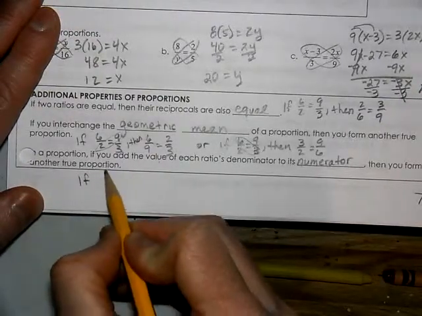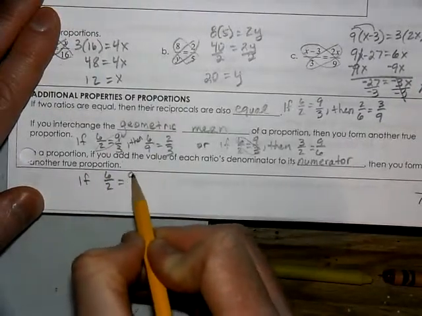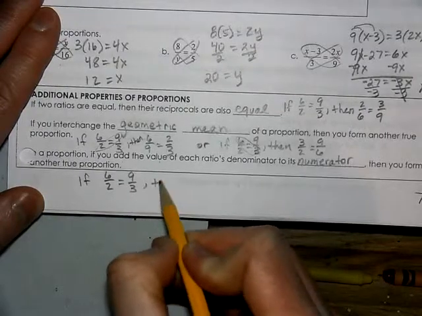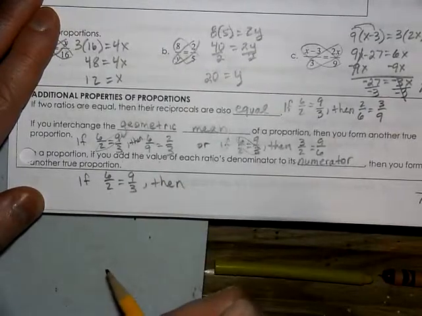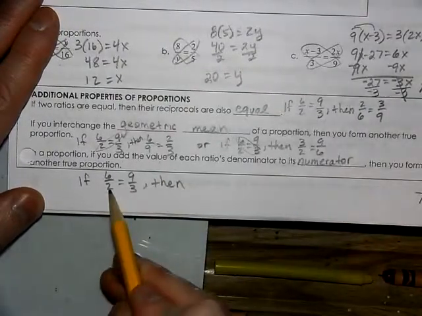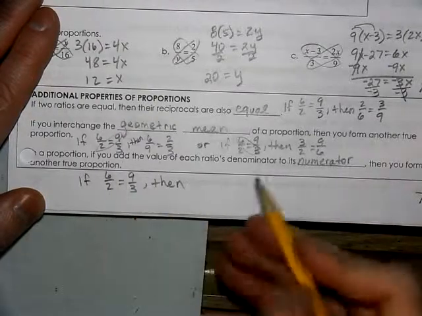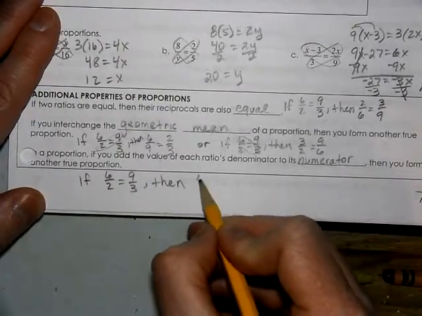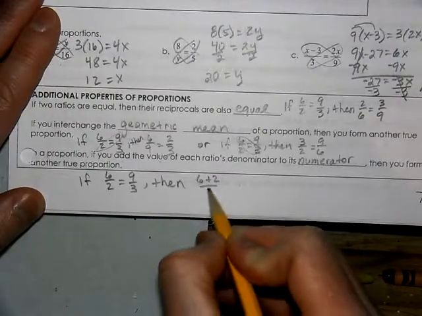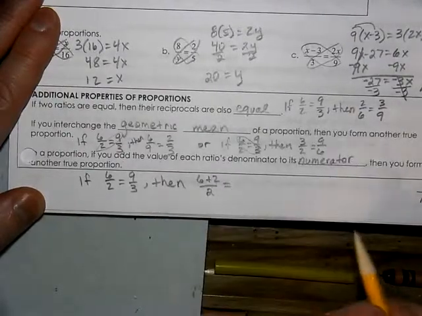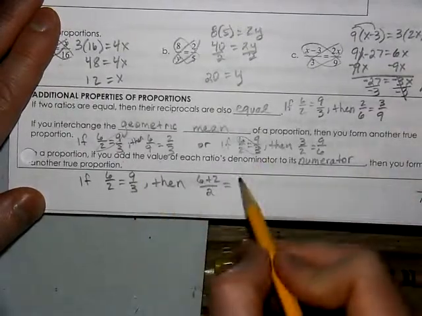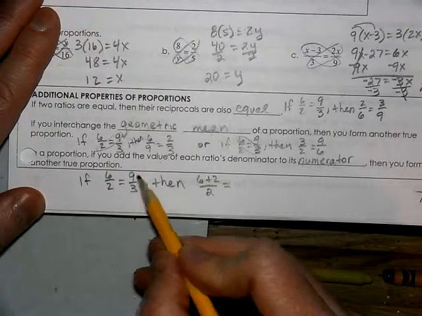So if 6 over 2 equals 9 over 3, then if you take the denominator and add it to the numerator, 6 plus 2 divided by 2, that should still equal, take the denominator and add it to the numerator.